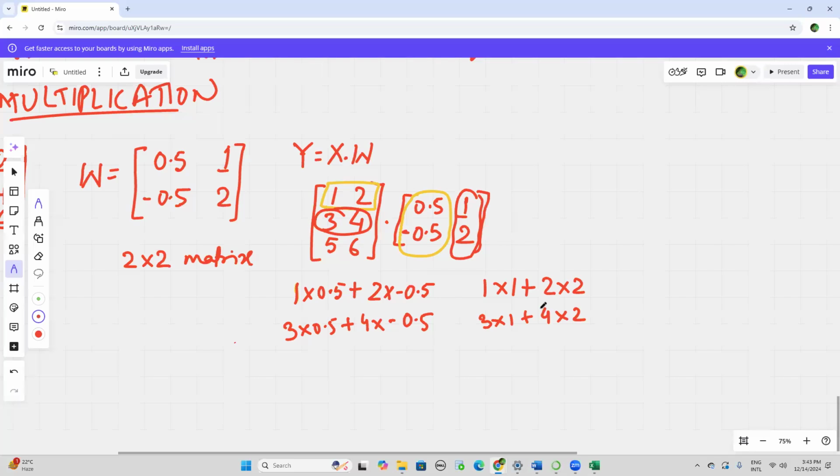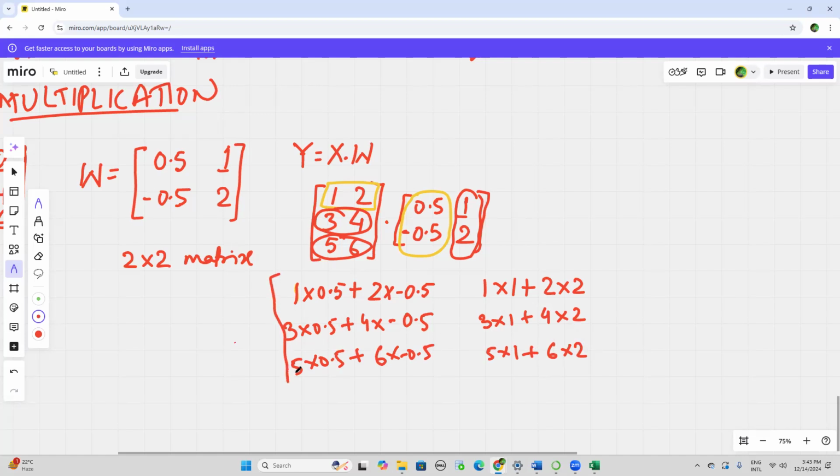Is this clear? Yes. Okay. Then same thing you have to repeat for the last row, 5 and 6. It will become 5 into 0.5 plus 6 into minus 0.5, 5 into 1 plus 6 into 2.